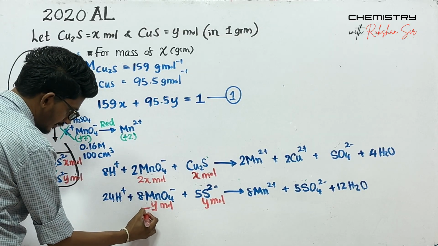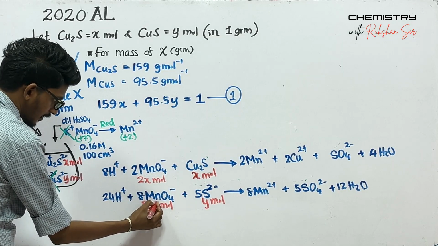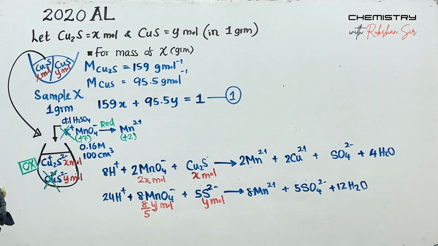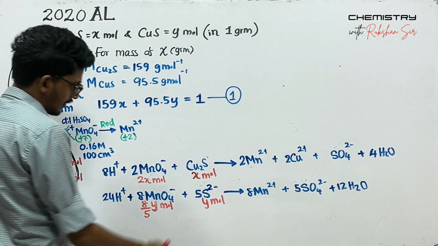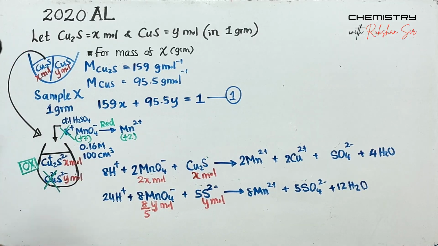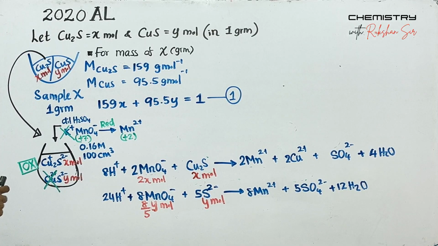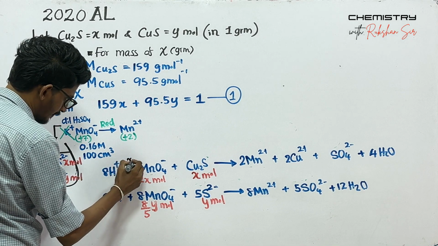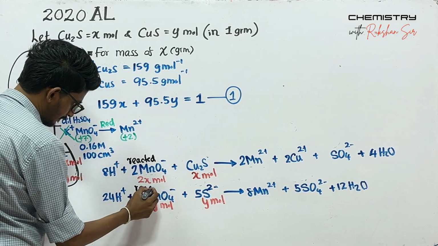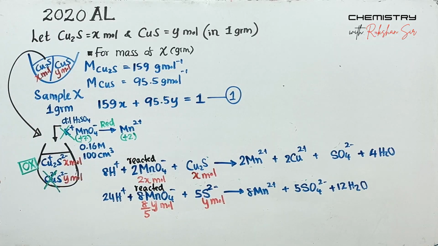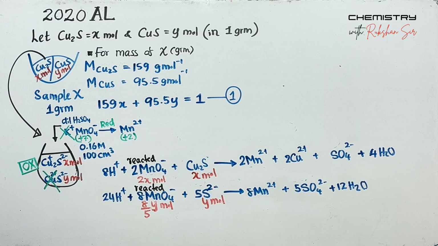So first divide by 5 to get per 1 portion and multiply with 8, right? That is the MnO4 minus amount consumed to react with the S2 minus from the CuS. So these are the MnO4 minus reacted amounts, right? The procedure is completed up to there.